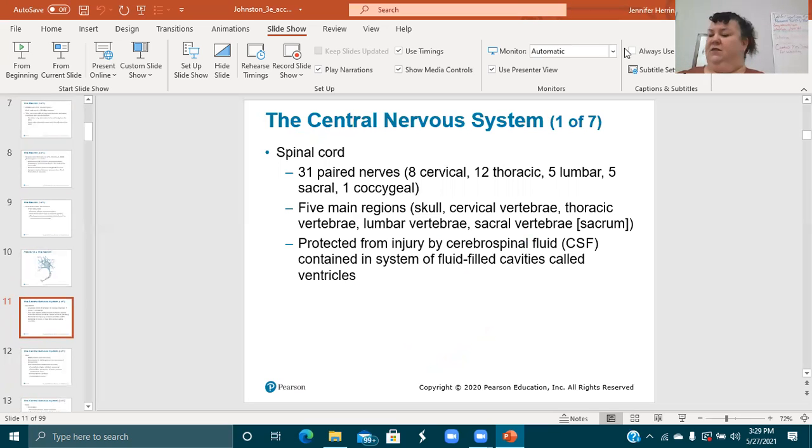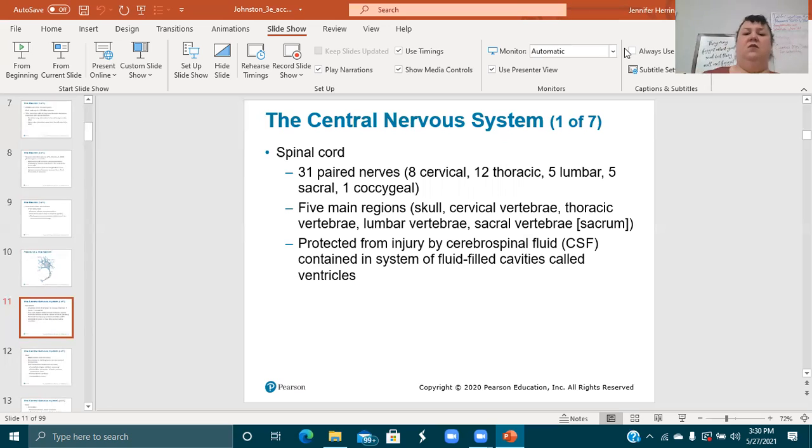So the central nervous system, this is on page 583 now. We're going to look at the various parts, and we're going to start with the spinal cord. So the spinal cord consists of 31 paired nerves: 8 cervical, 12 thoracic, 5 lumbar, 5 sacral, and 1 coccygeal. There are 5 main regions to the central nervous system.